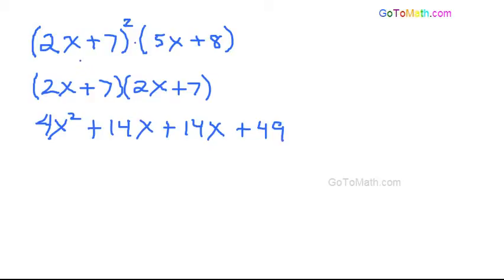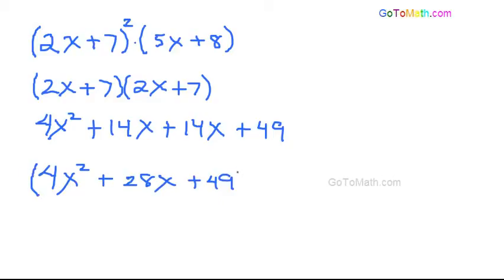Now after a while you won't even have to write this out, you'll just be able to look at this and pretty much know what it is. Alright, so let's go ahead and write this out again. So we've got 4x squared, collecting up our like terms, that's going to be 28x, and then plus 49.